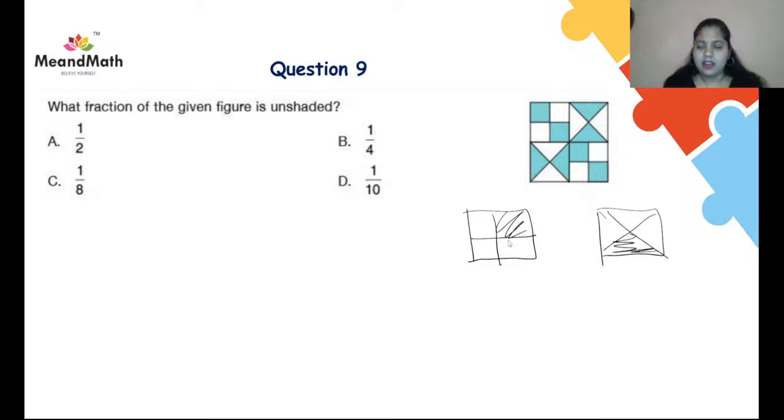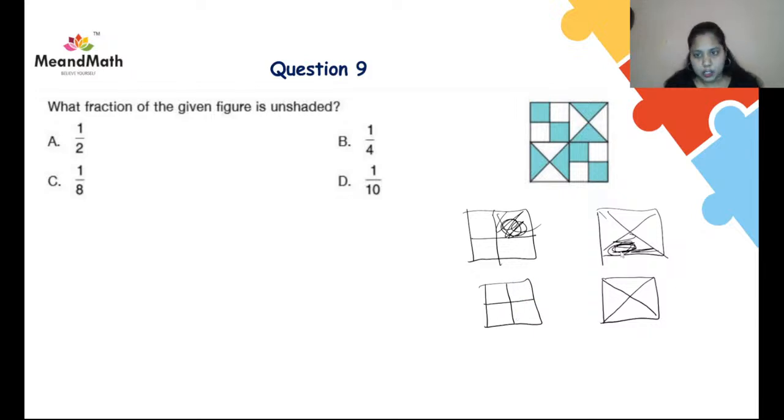So can we consider it? Yes, we can. Why? Because you can see that this one full box has been equally cut into 4 parts. And similarly, this one box is first cut into half and then cut into half. So when they're equally cut into 4 parts, this part and this part can be considered as equal parts.